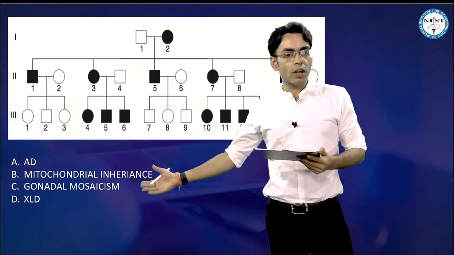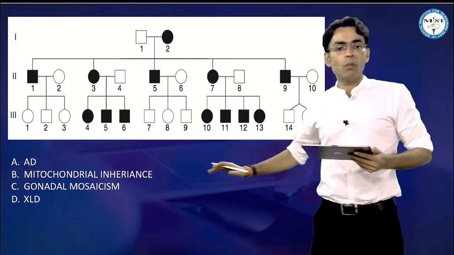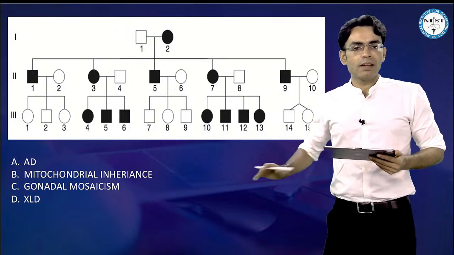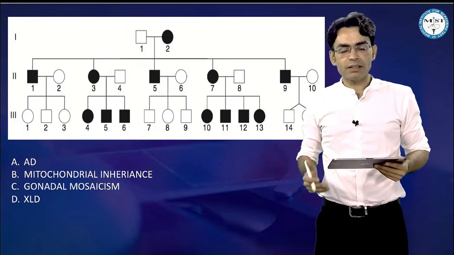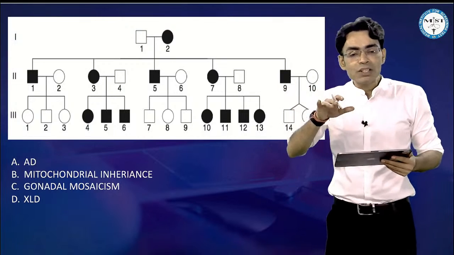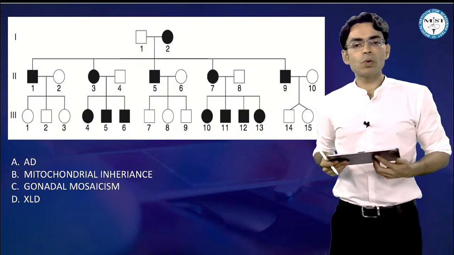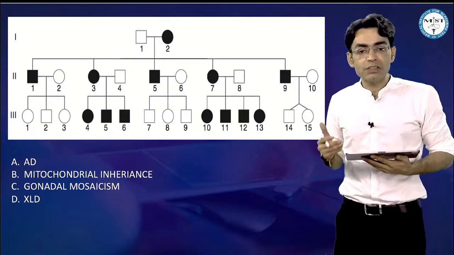In the options, if you are getting a non-Mendelian disorder, you need to think about it first. What is mitochondrial inheritance? Only mothers transmitting. What is gonadal mosaicism? Parents are absolutely normal, but the progeny is affected. When we are talking about a Mendelian disorder, it could be autosomal dominant, recessive, X-linked dominant, X-linked recessive. So we have the non-Mendelian options, and we need to rule these out first.